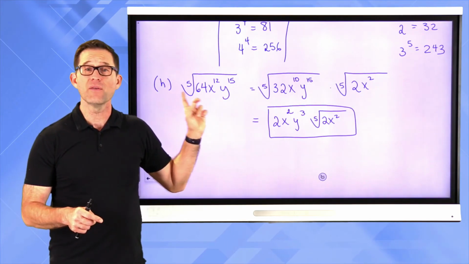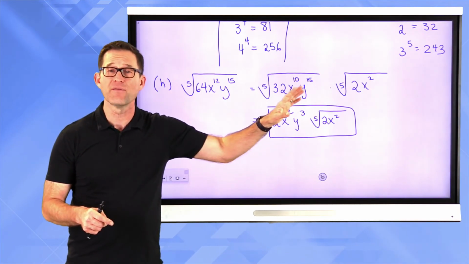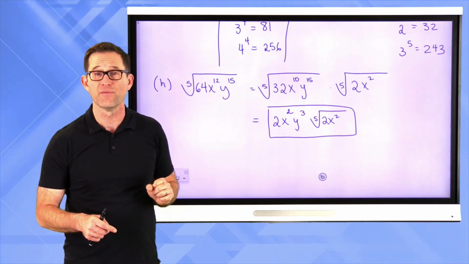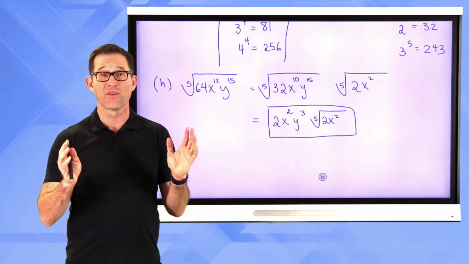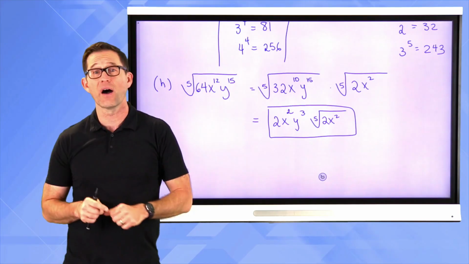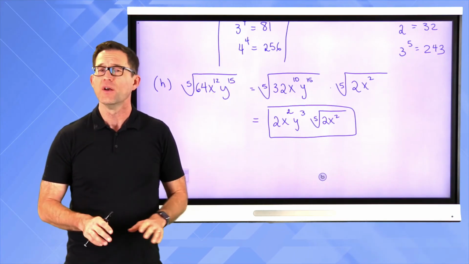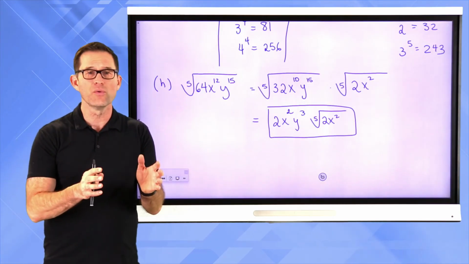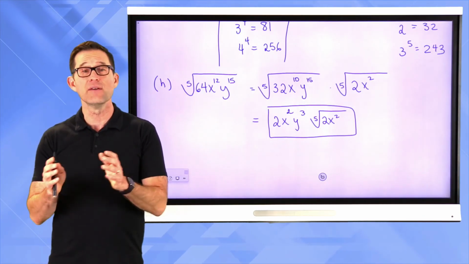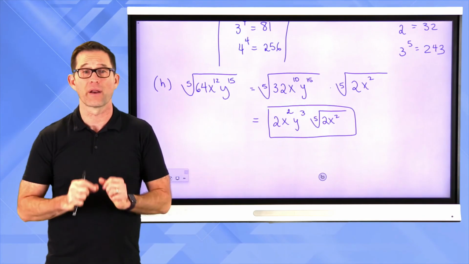But y to the 15th I can divide by 5, so I can find the fifth root of y to the 15th. It's y cubed. Think about it. Y cubed raised to the 5th is y to the 3 times 5, y to the 15th. So all we want to do when we simplify a root is take the root of what I can and leave what I can't in terms of a product.